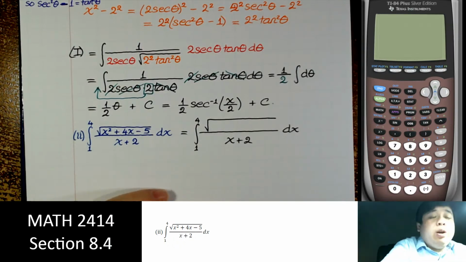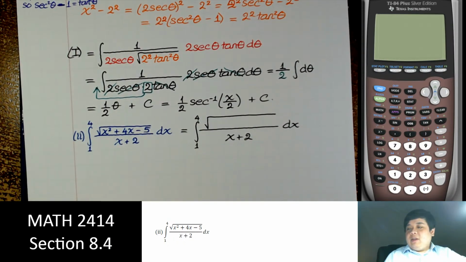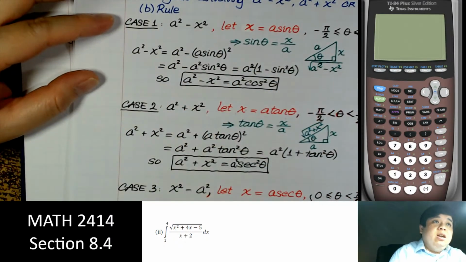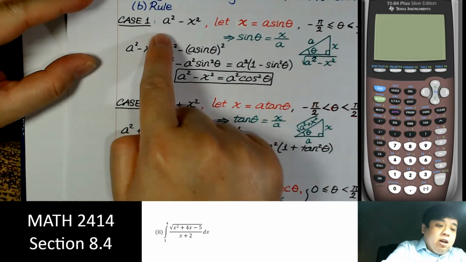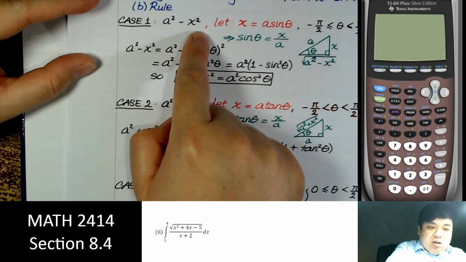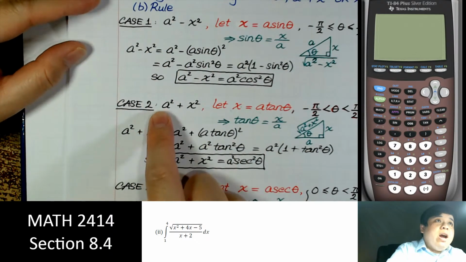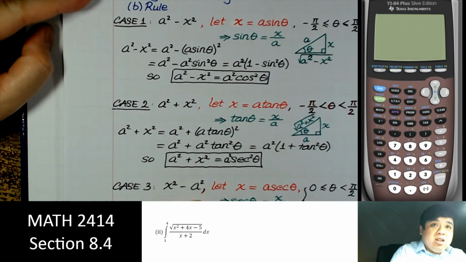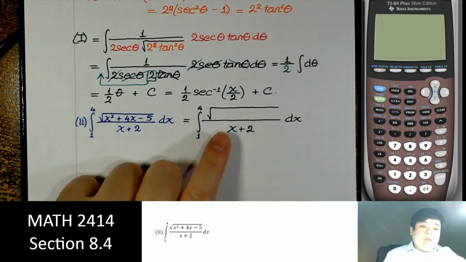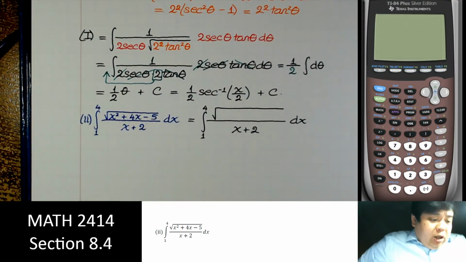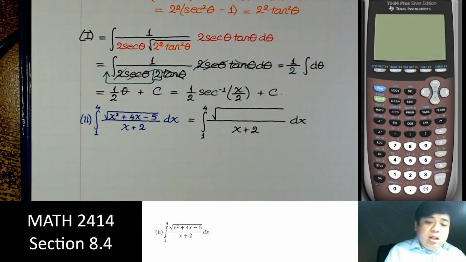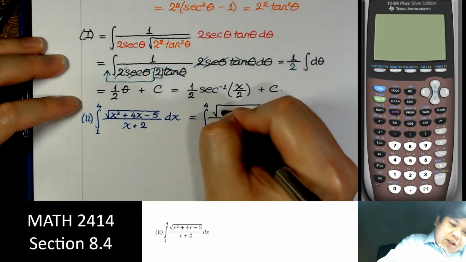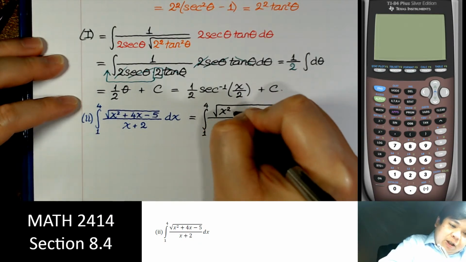So the first thing we need to do is bring this into one of those 3 cases. By those 3 cases, we mean constant square minus variable square, constant square plus variable square, variable square minus constant square. So this is not quite the right form. So first, try to make it into a square. So x squared plus 4x.